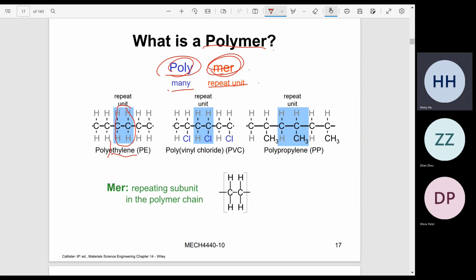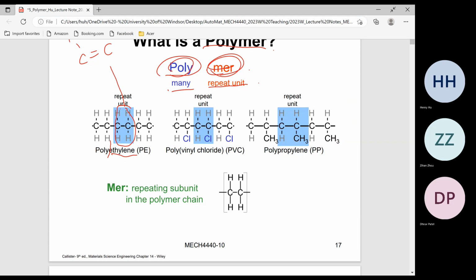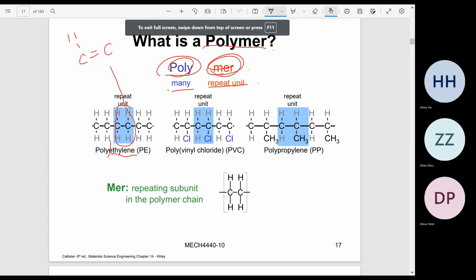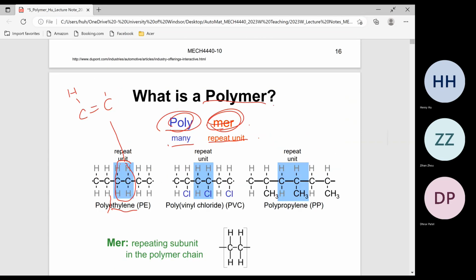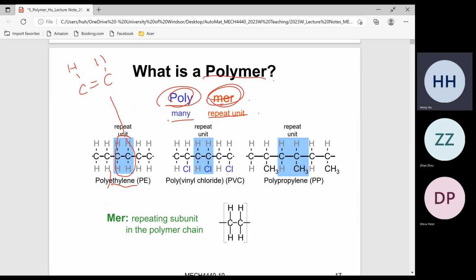If you have these 6 atoms, the structure looks like this. You have a hydrogen. You have a hydrogen. And so this is the structure for the ethylene.